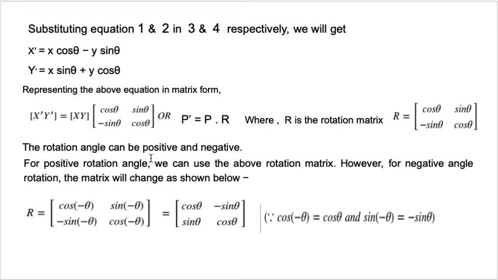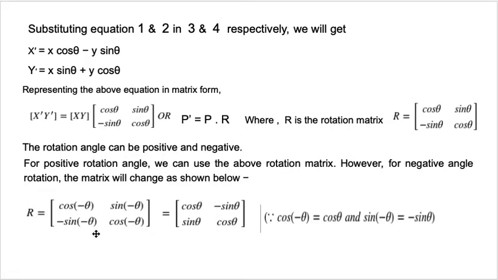The rotation angle can be positive or negative. For a positive rotation angle, we use the above rotation matrix. However, for a negative angle rotation, the matrix changes only in sign. If you want a negative rotation, just change the angle.